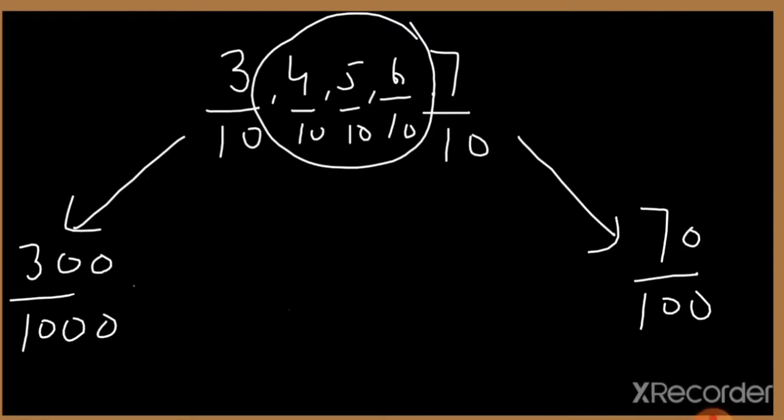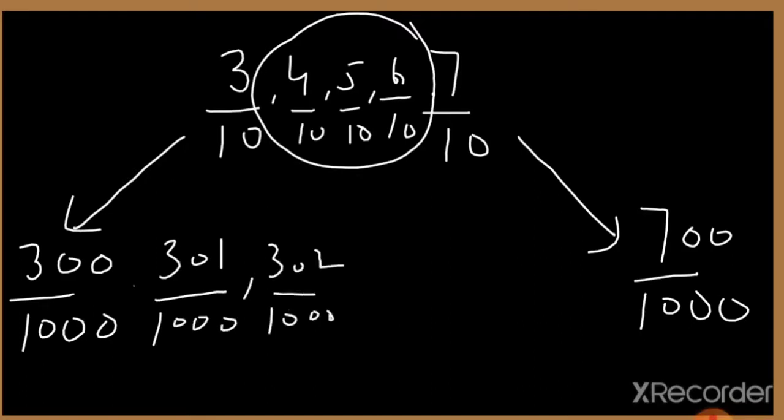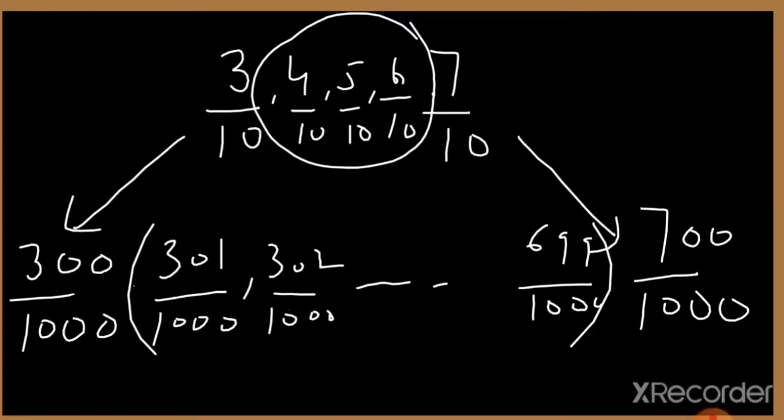I can increase as many zeros as I want because the basic value remains the same. 300 by 1000 is also the same as 3 by 10, and 700 by 1000 is also the same as 7 by 10. So how many rational numbers lie between these two? I'll start from 301 by 1000, 302 by 1000 and so on up to 699 by 1000. So many. So there is no end to how many rational numbers we can find between any two rational numbers.